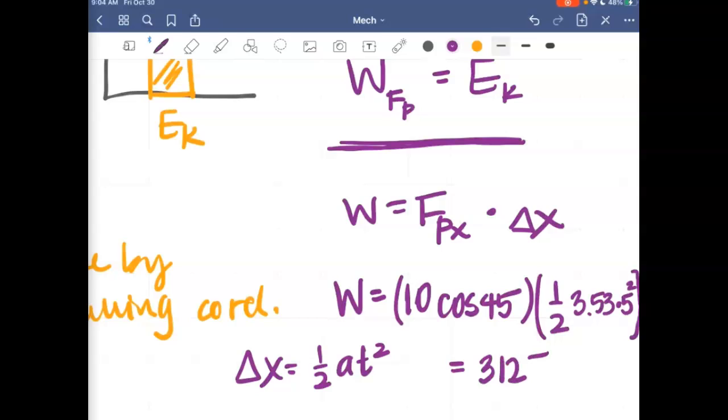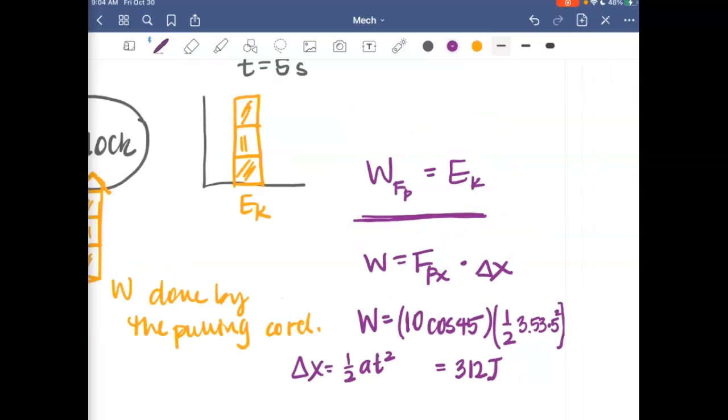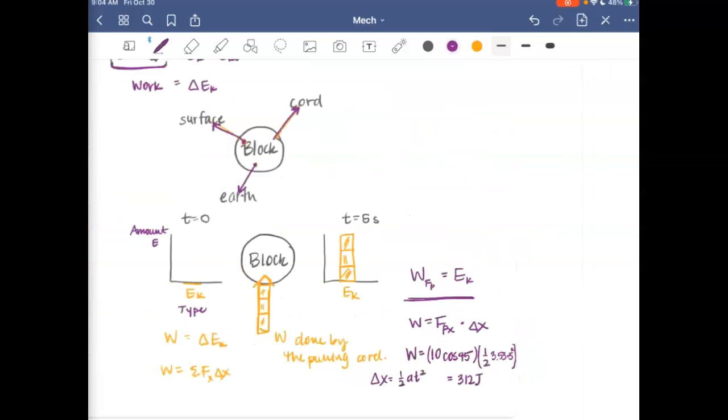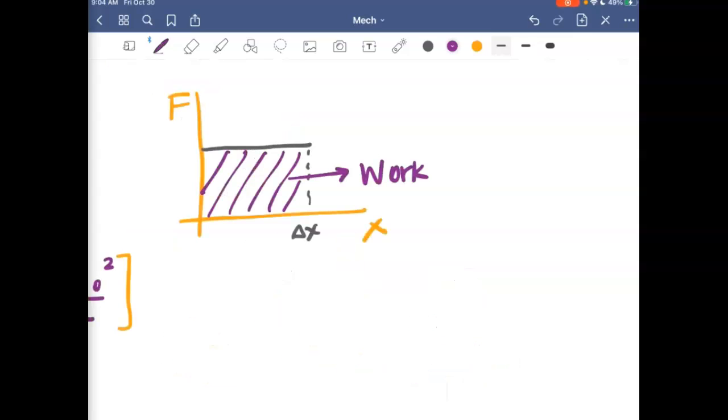I didn't go through the units in this session, but if we look back up where we defined work, work would have the unit of a Newton times a meter, okay? That's a mouthful to say, Newton meters.